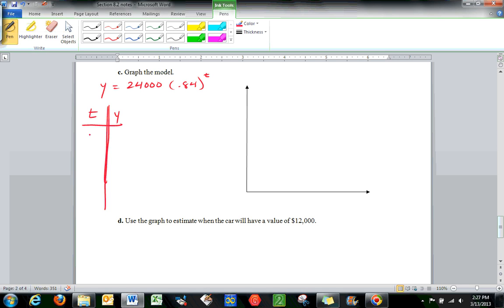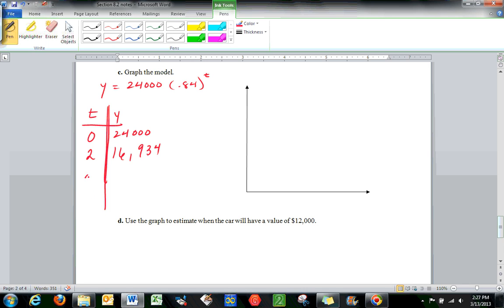And of course, we know that at year 0, when we first bought it, that car was still worth $24,000. And in Part B, we said that 2 years after owning it, that car was worth roughly $16,934. Now, those are 2 really good points to start with, but we probably should go a little bit farther out to give us a better view of the graph.